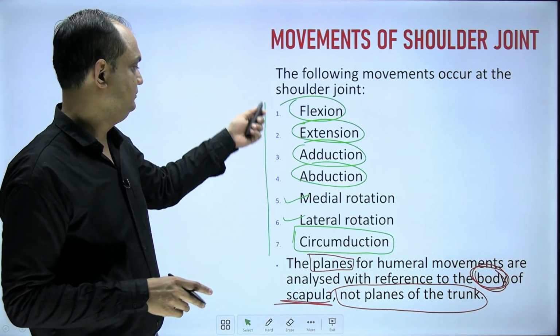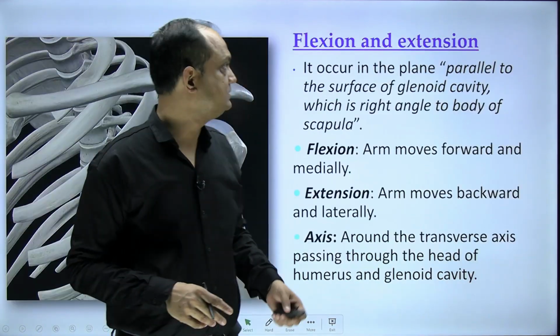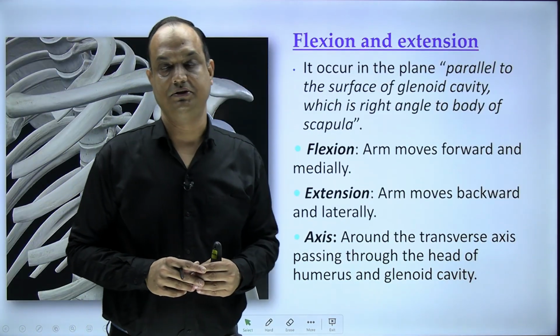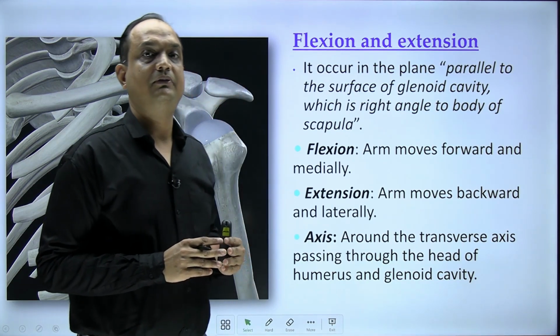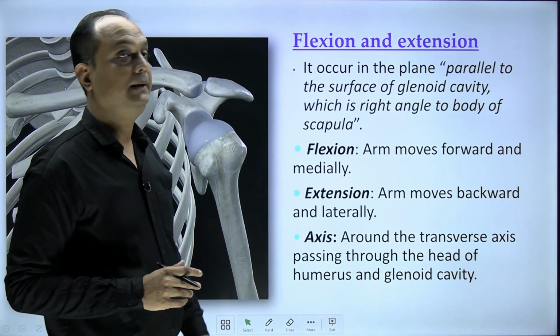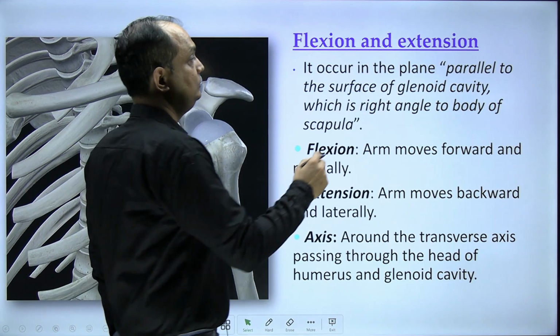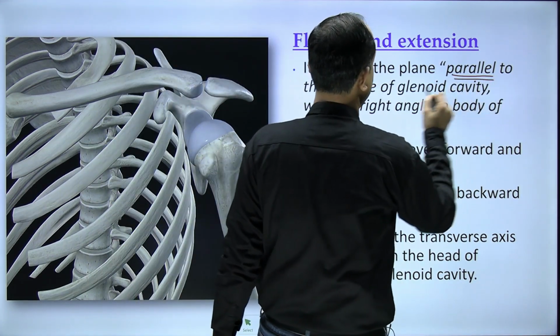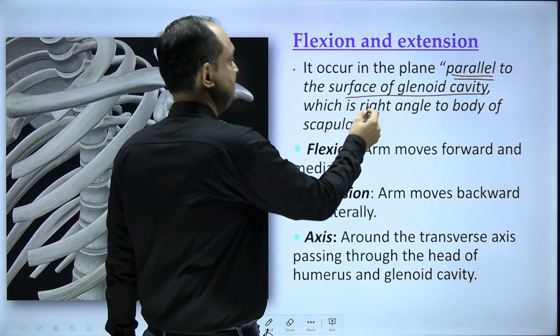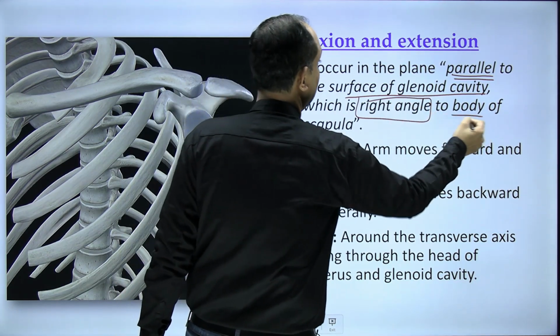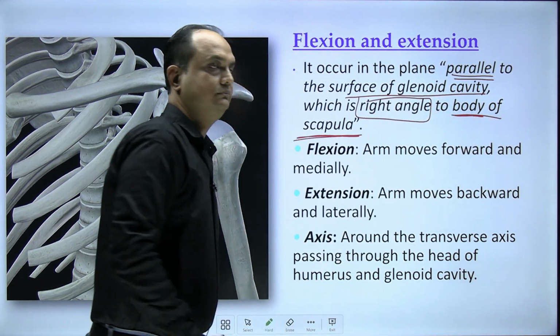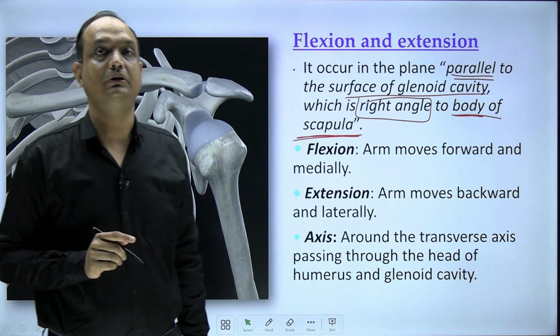So let's see these movements one by one. First is flexion and extension. When you have flexion and extension, it occurs in the plane which is parallel to the surface of the glenoid cavity, and it is at right angle to the body of the scapula. Now see, there are two things you have to understand.